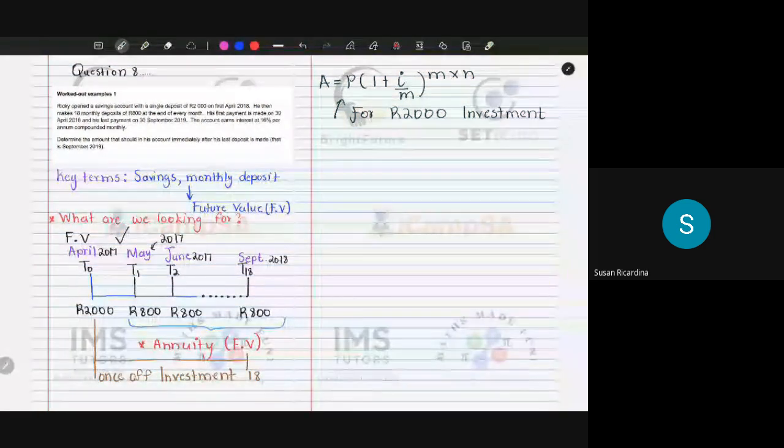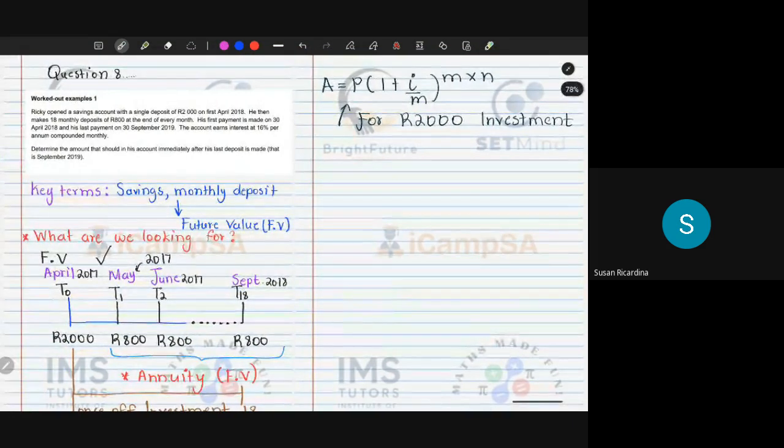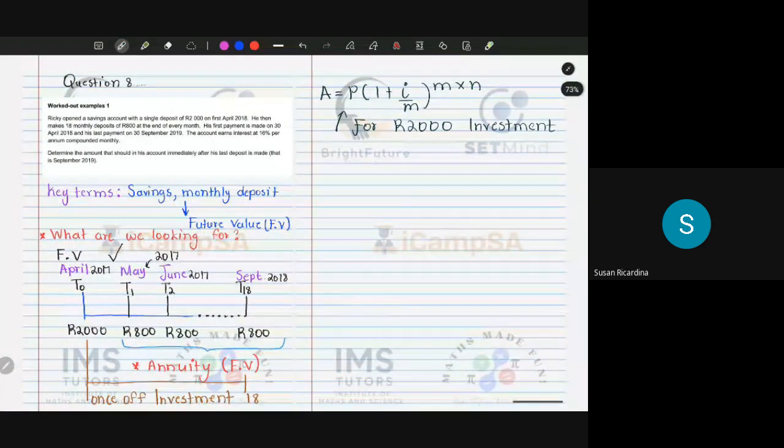Now, our compounding period is the same. So what is our compounding period, guys? When you read the problem, 16% per annum compounded monthly. So our compounding period will be M is 12. Our interest will be I equals 16%.